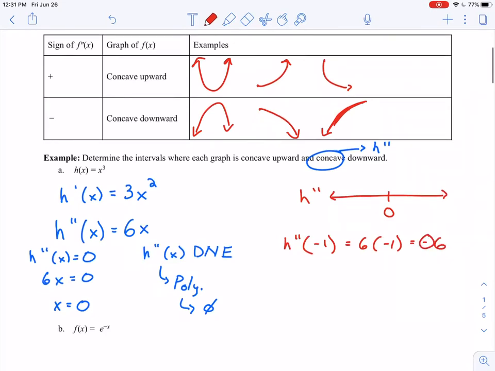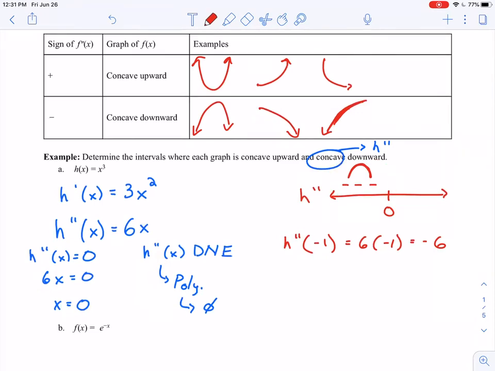Again, it's really the sign that I'm interested in. Here it's negative, so my second derivative is negative. I'll put some minus signs there. And then I know that if the sign of f double prime of x is negative, my graph is concave downward. So oftentimes I'll just draw in the shape of a concave downward graph, just to help me remember that it's concave downward over that section. I don't have to think about it quite so much later on.